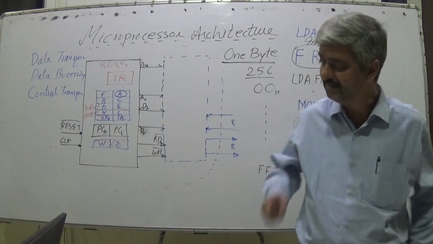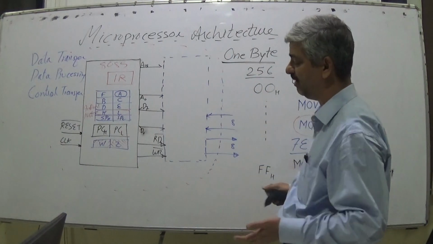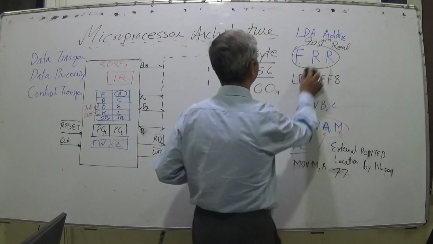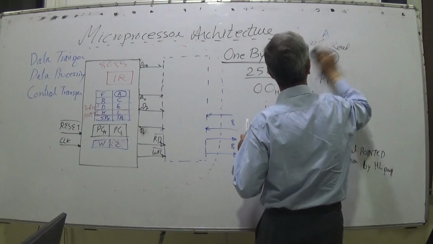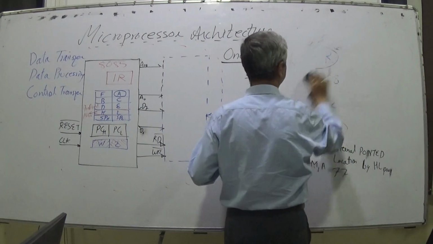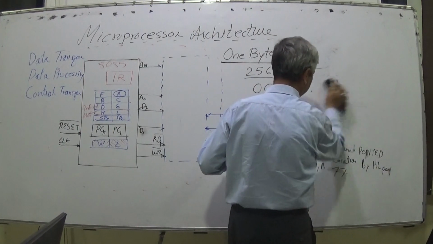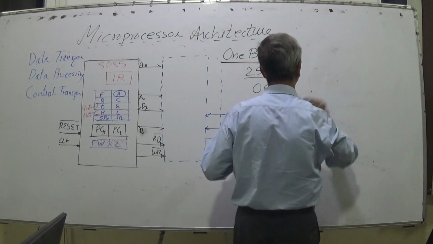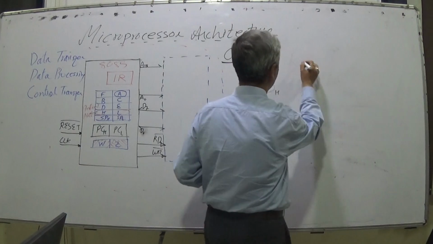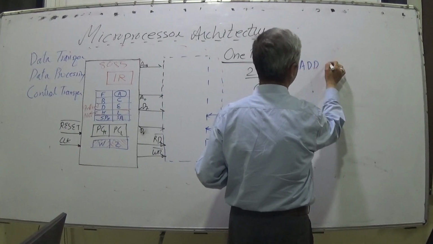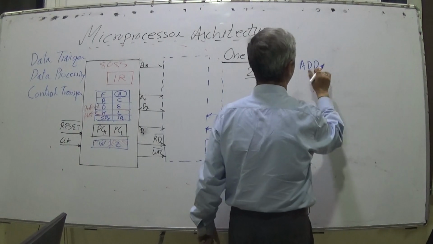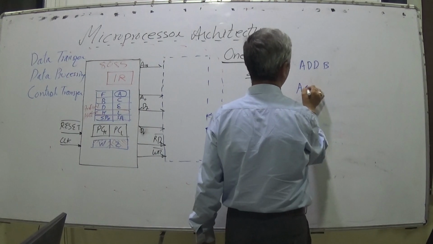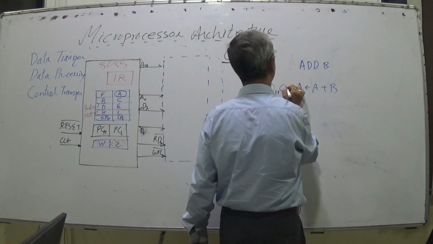So this is move. Then we can talk about data processing instructions. Data processing instructions are add. The add instruction gives you only one 8-bit value: add B. Add B means A equals A plus B, and the carry flag reflects the result.